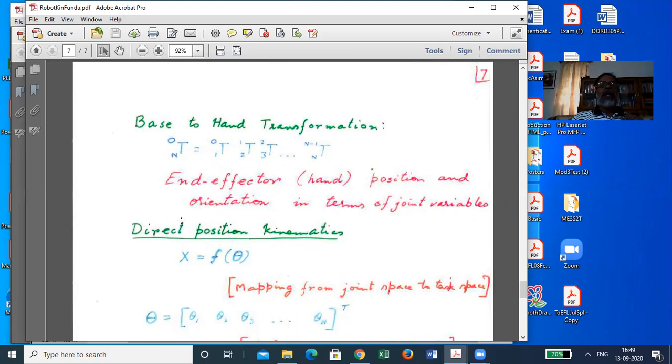That is the finding out of the position and orientation of the hand in terms of the joint variables. So given thetas, you can always calculate this from this.